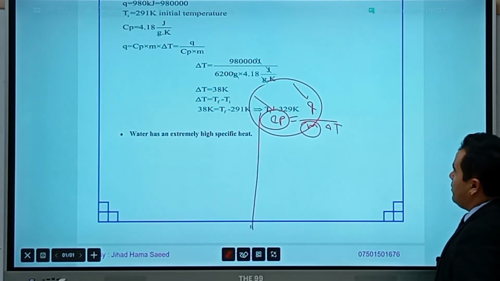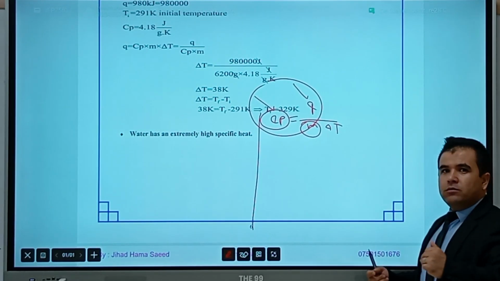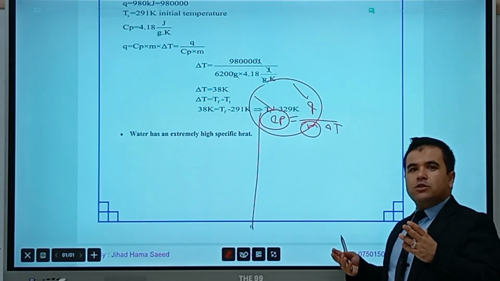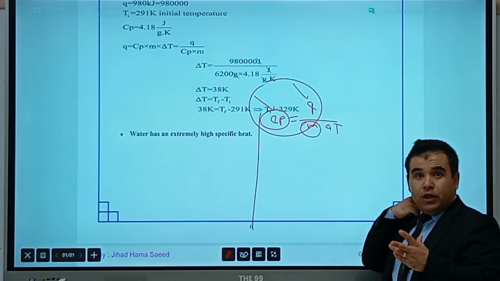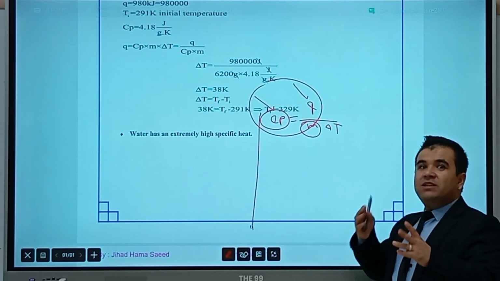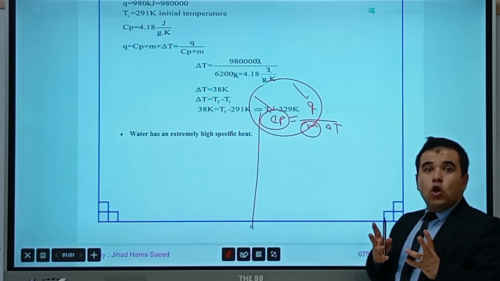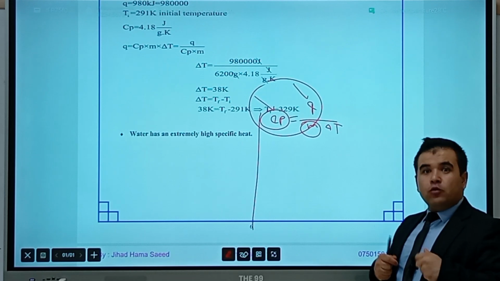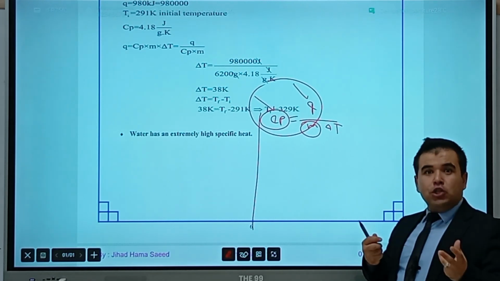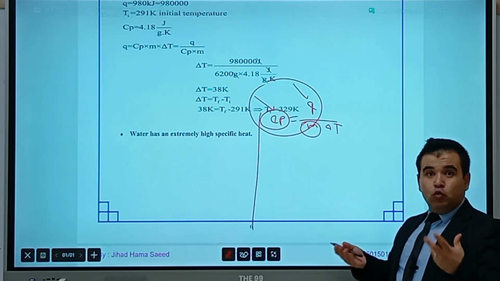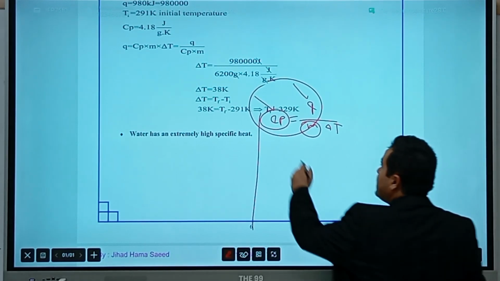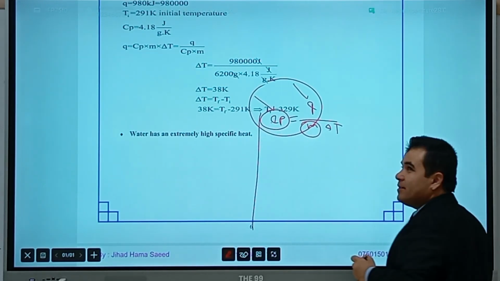That's the answer. Another type of question: two substances with equal mass but different Cps. Which one represents a higher change in temperature? Guys, how does the Cp change with delta T?